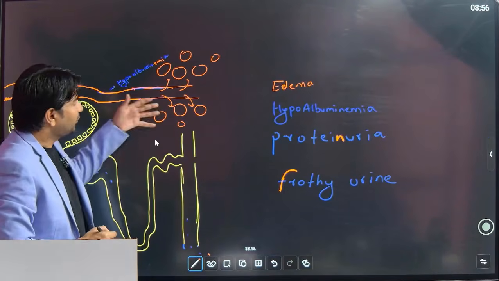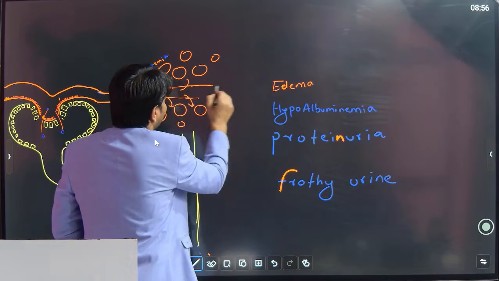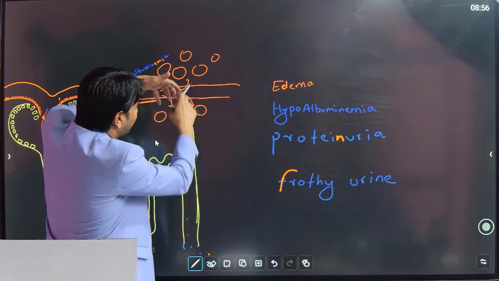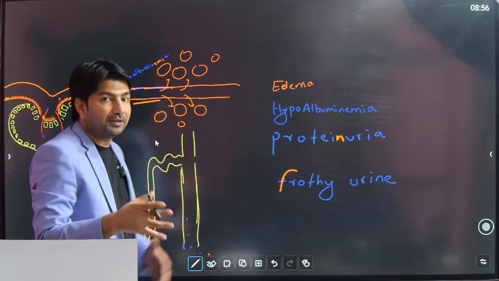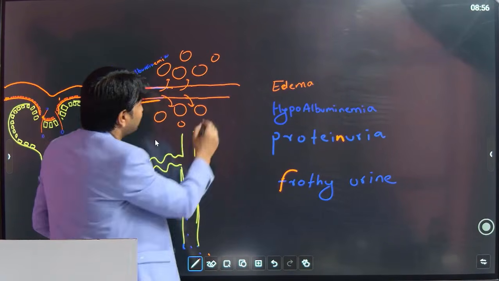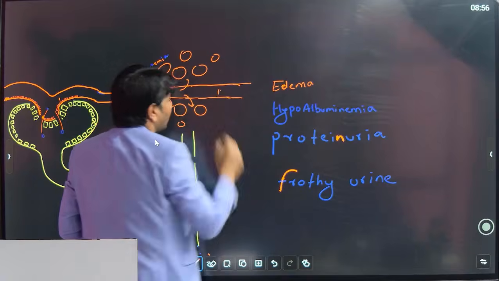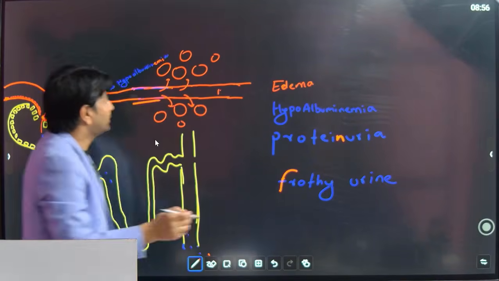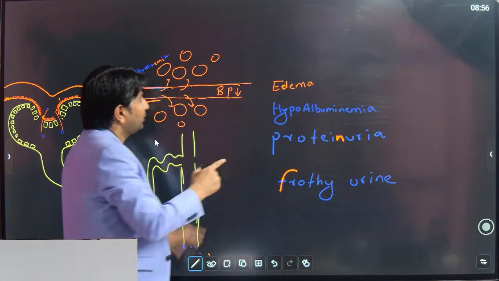Now, one thing we need to see is that as the fluid has shifted out of the blood vessels, into the interstitial space between the cells, the volume of the blood flowing further along in these blood vessels has decreased. And when the blood volume decreases, it means that the blood pressure might drop.